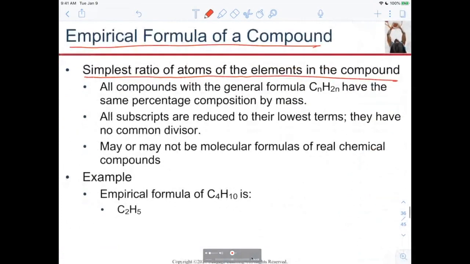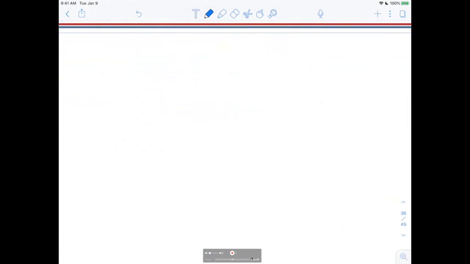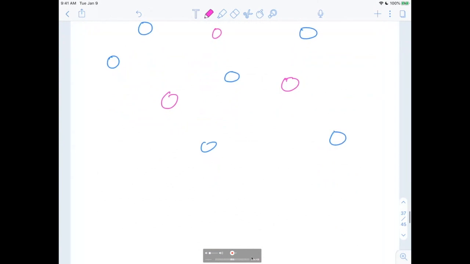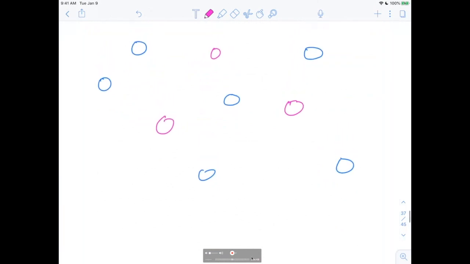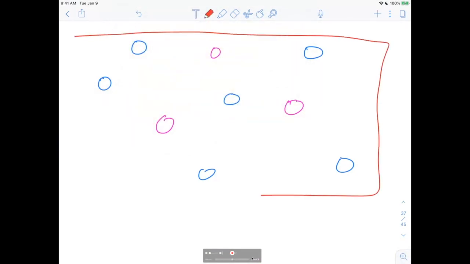So let's say we're looking at girls and boys in the class. I'm going to use blue for boys, very traditional. 1, 2, 3, 4, 5, 6, and then girls, 1, 2, 3. And I'm asked by my boss, in your class, this by the way is my classroom, can you tell us the number of girls that relate to the number of boys?